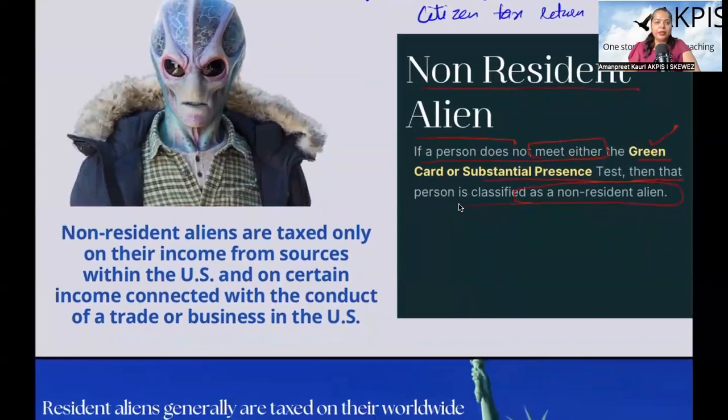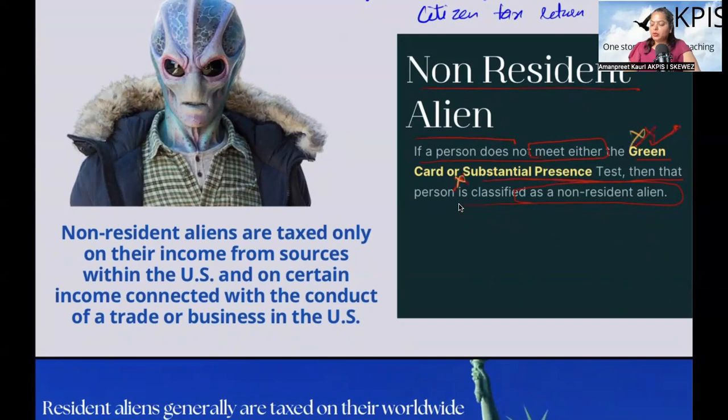Because for procuring the green card for permanent residency, you need to comply with the immigration laws over there, or the substantial presence test that we will discuss shortly. You are supposed to be in the United States of America for a specific number of days. So if you do not satisfy the green card test and even not the substantial presence test, right? You're not meeting this, you're not meeting this.